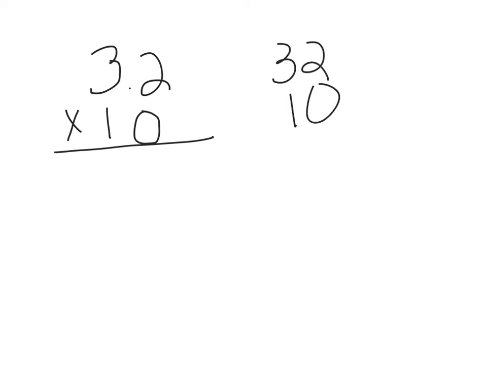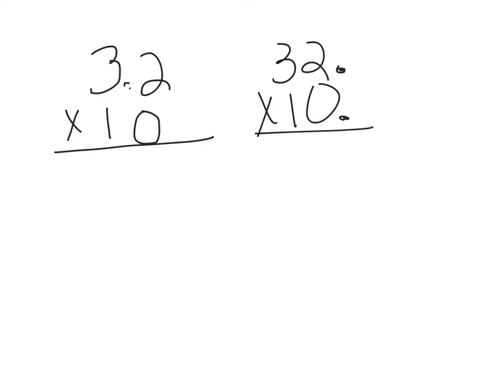And this time, instead of multiplying by 1, we're going to multiply by 10. Now, we've learned the process for this, just like if I were to use 32. Notice I do not have to line up my decimal. My decimal on the 10 is hanging out here. My decimal on the 32 is hanging out here.